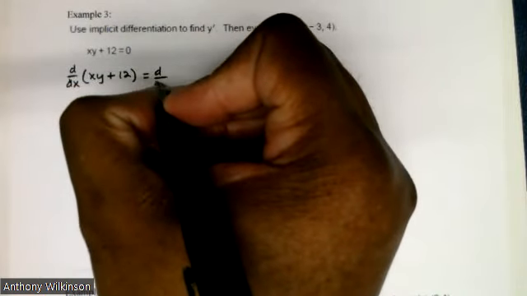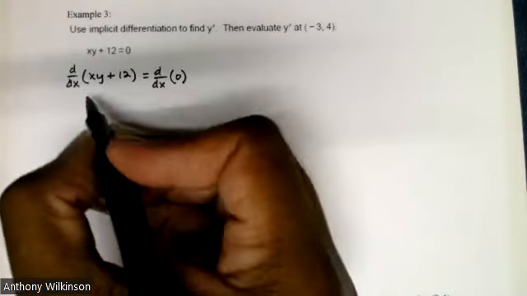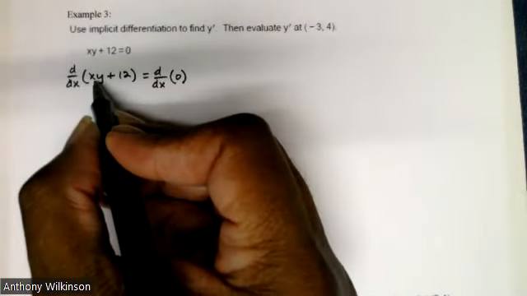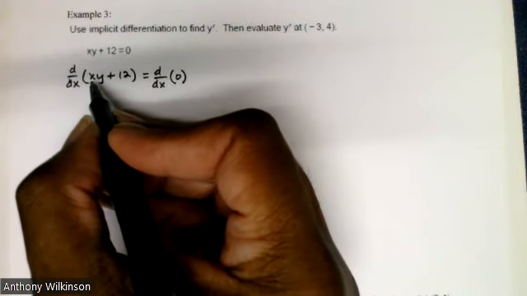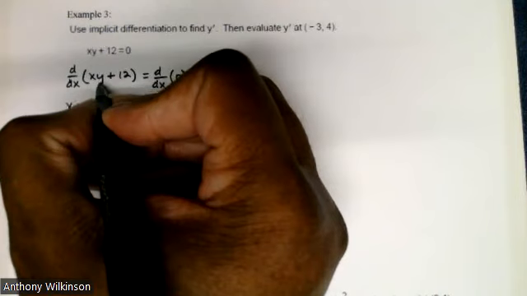So again, here I just take the derivative of each side of the equation. Now the derivative of x times y, using the product rule, would be this: the first, which would be your x, times the derivative of the second.